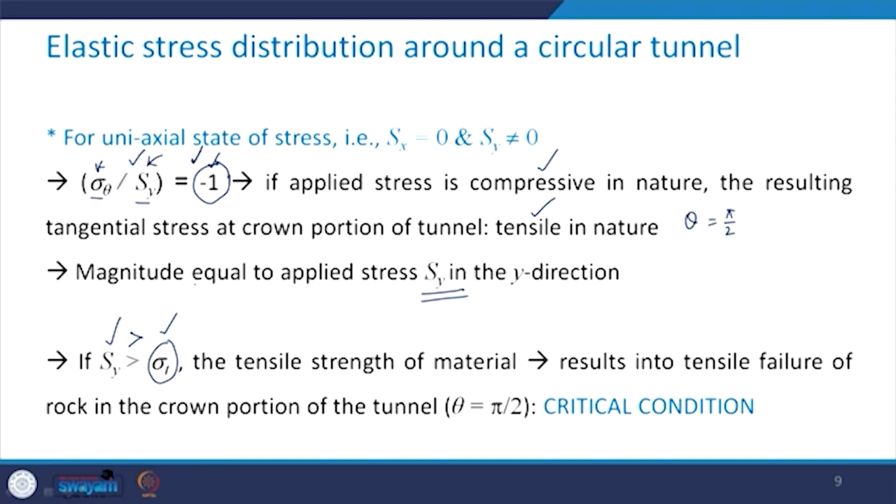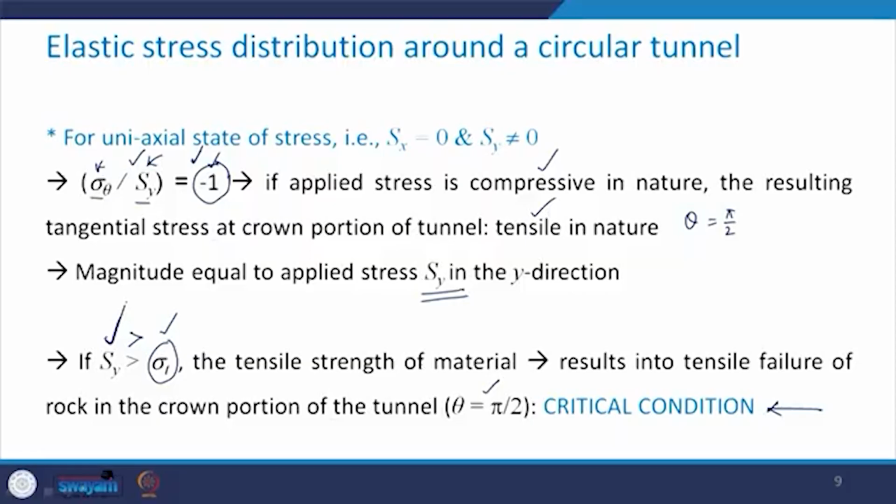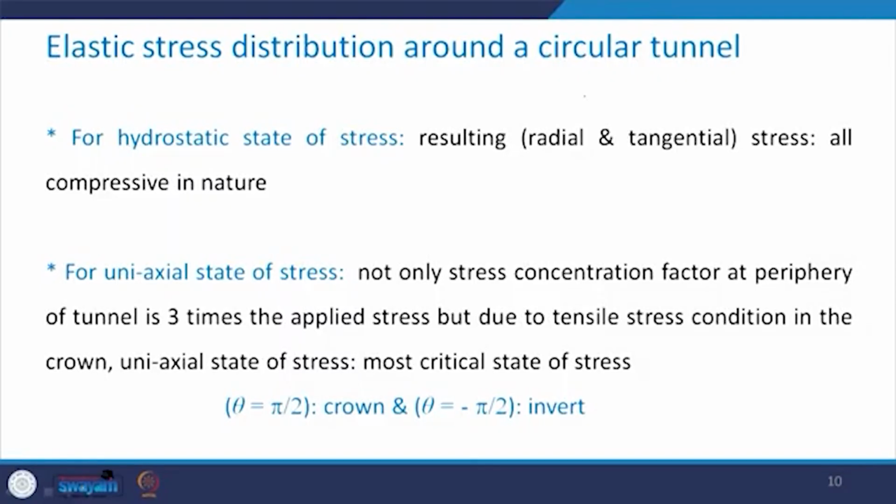So, this would result into the tensile failure of rock in the crown portion of the tunnel, which is theta equal to pi by 2, and this is one of the most critical conditions as far as the analysis of tunnels is concerned. So, one needs to be very careful about the stresses at the crown portion of the tunnel. So, we have seen that for hydrostatic state of stress, both the radial as well as the tangential stresses are all compressive in nature.